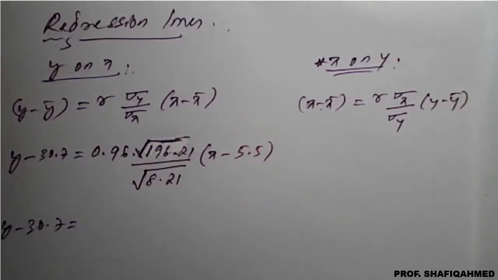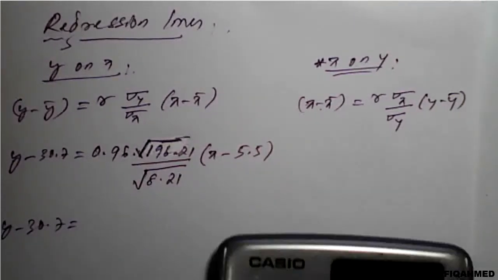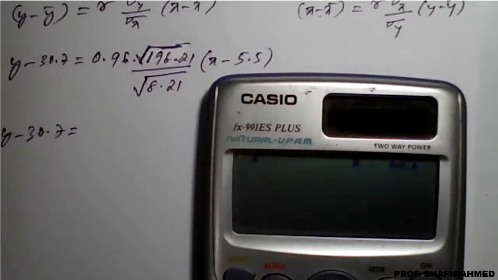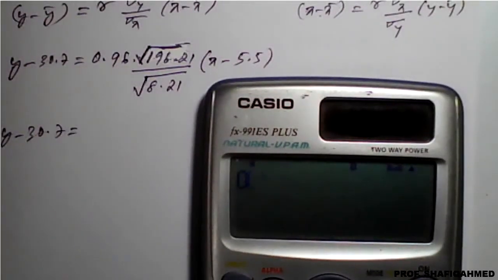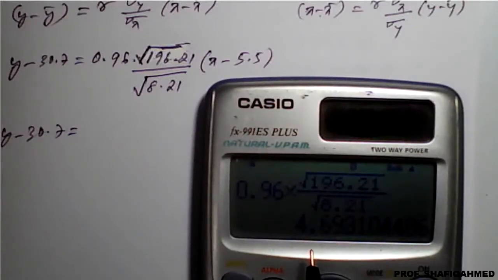First we'll calculate this. If you calculate this value in the calculator, I will take first 0.96 into square root of 196.21 divided by square root of 8.21, and if you see that, it will be 4.69.